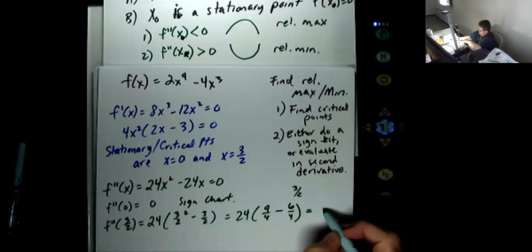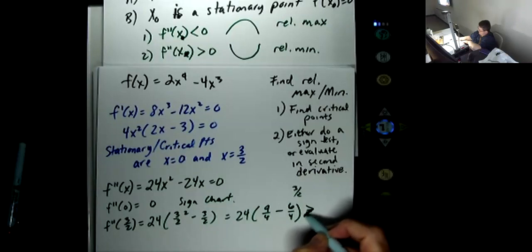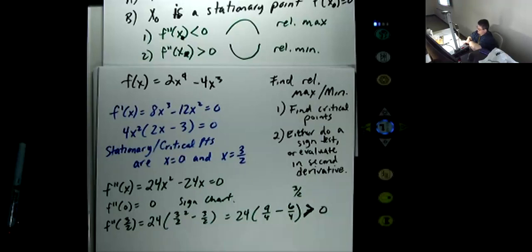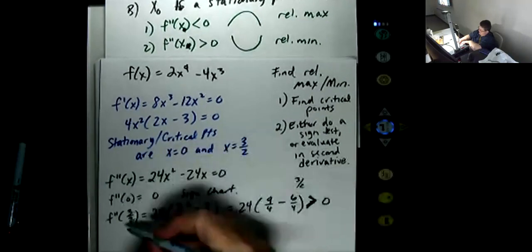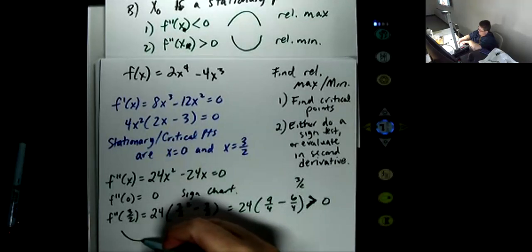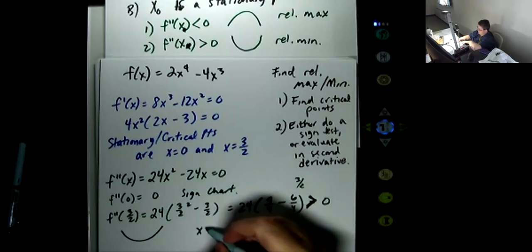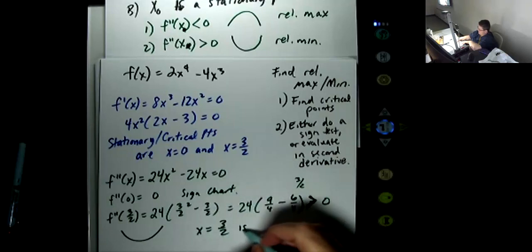So this is going to be greater than 0. 9/4 minus 6/4 is greater than 0, which means it's concave up there. And x equals 3/2 is a relative min.